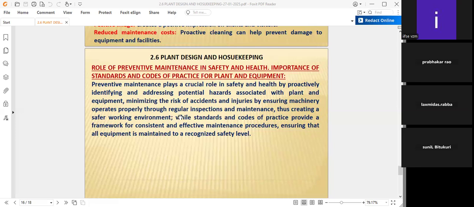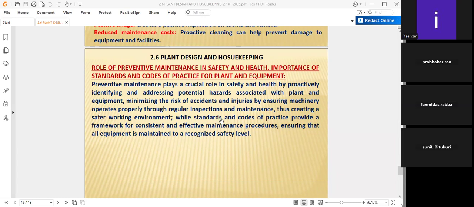When you maintain all these things, preventive maintenance becomes disciplined and culturally excellent. Standards and codes of practice provide a framework that the organization has prescribed or subscribed to, which they have to follow as per legal requirements. Standards, for example, mean the biomedical waste or hazardous waste management handling rules, the Factories Act.